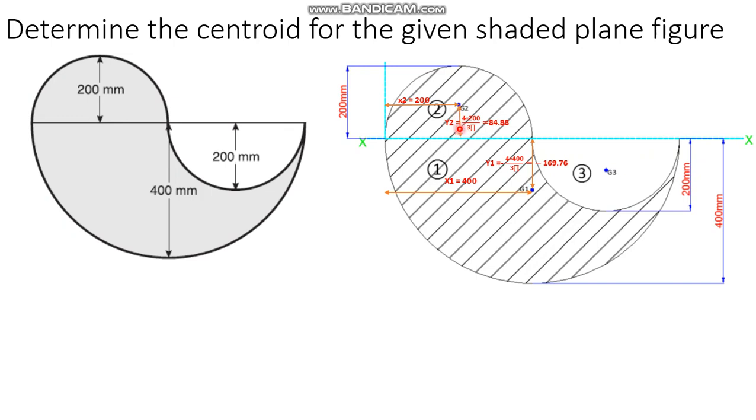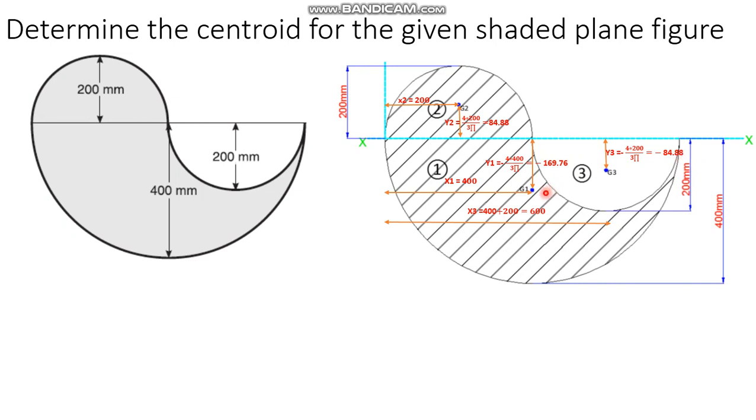The radius of this semicircle is 200, and for this x3, carefully, from here to here you have 400 plus here to here 200, so 400 plus 200 you'll have 600. And y3 distance will once again be negative, minus 4 into 200 by 3 pi, minus 4r by 3 pi. So you'll get minus 84.88.